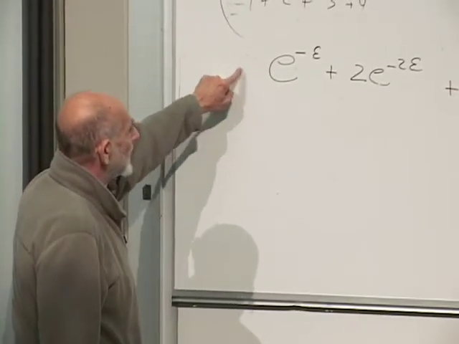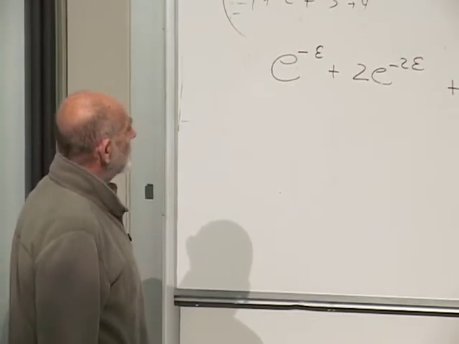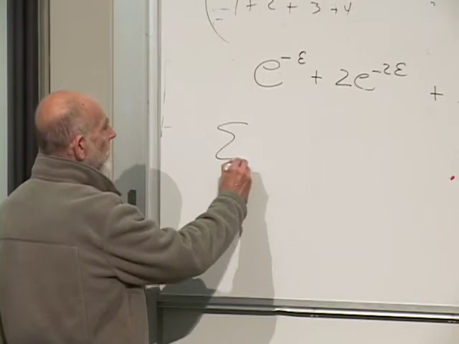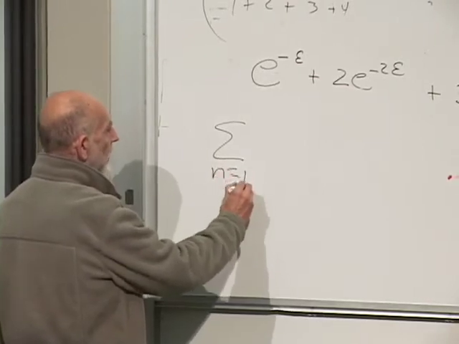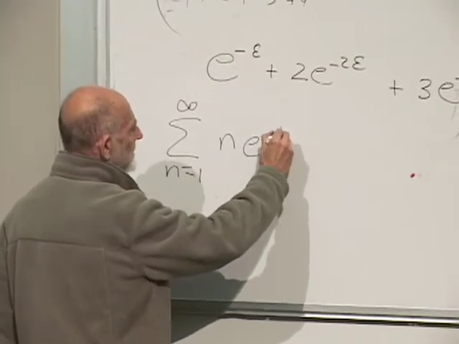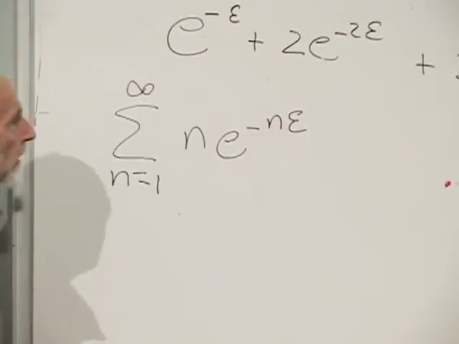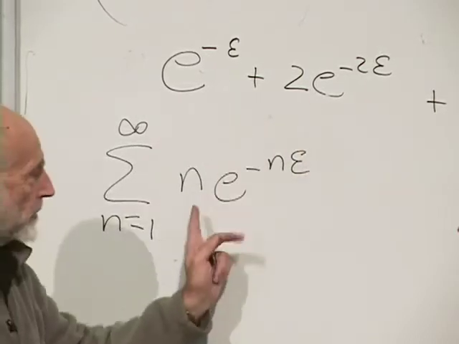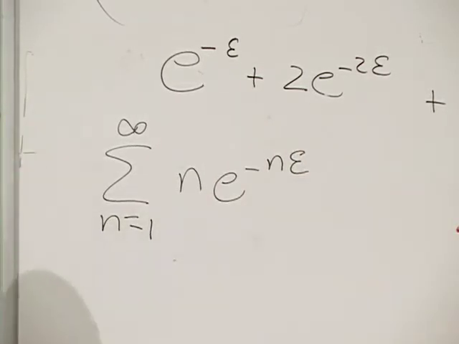Okay, this can be written as the sum from n equals 1 to infinity of n e to the minus n epsilon. e to the minus 1 epsilon times 1, e to the minus 2 epsilon times 2, and so forth and so on, right?